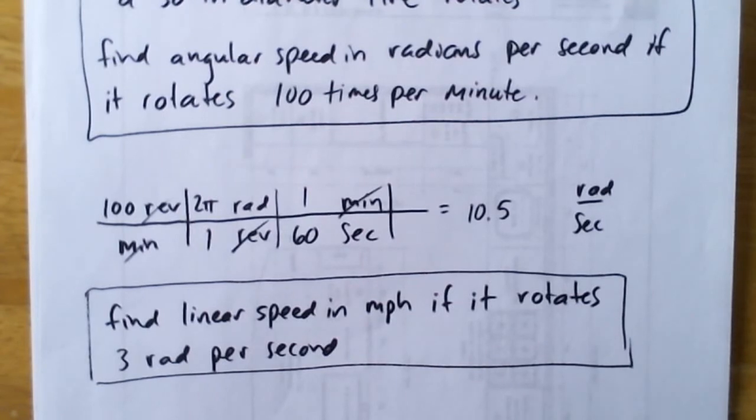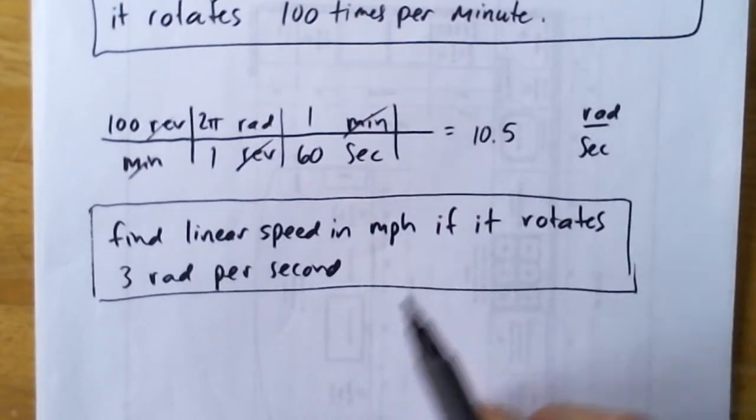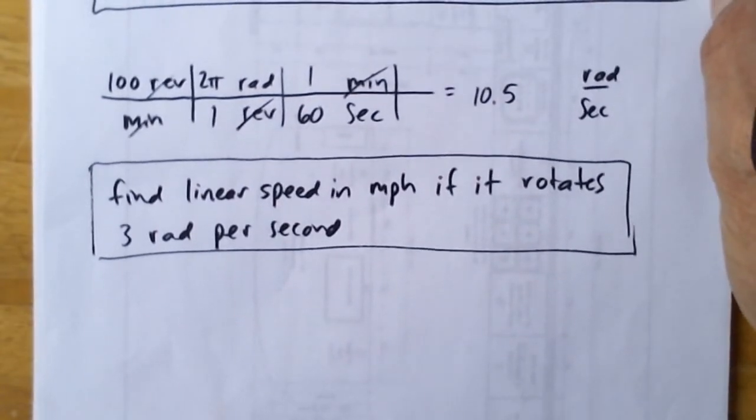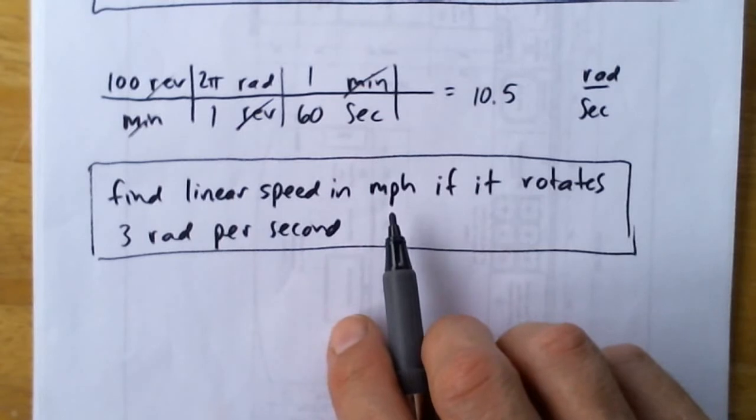Find the linear speed in miles per hour if it rotates 3 radians per second. So we are given 3 radians per second, and we're trying to find miles per hour.